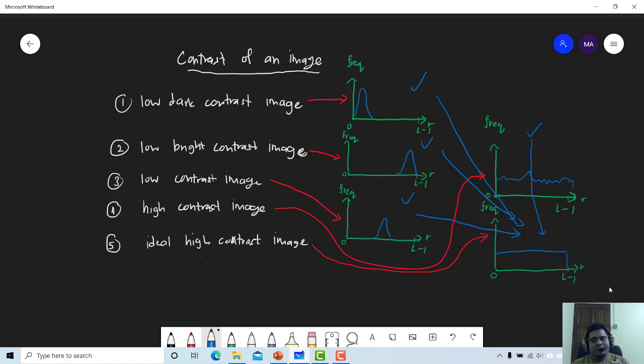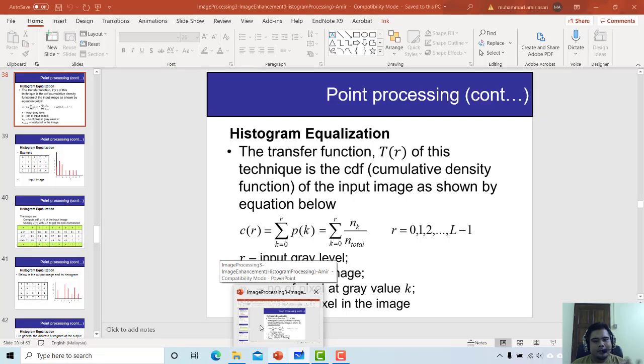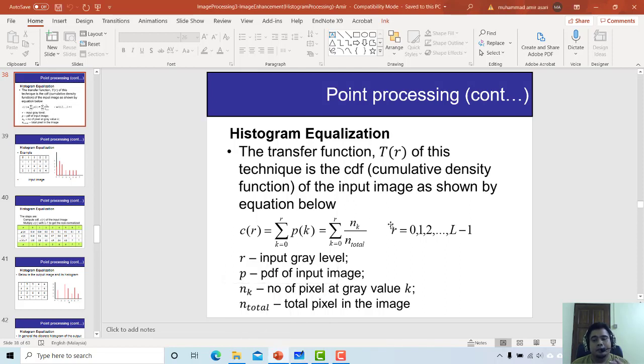It's not 100% like this one, but we can have something more close to this, which means we are going towards getting close to the ideal high contrast image. So that is the explanation. Don't worry about that, because I will explain everything, so then you know where this equation comes from. So now you know the process.